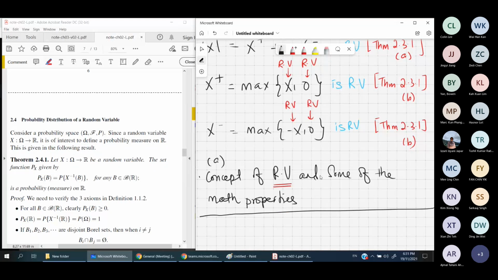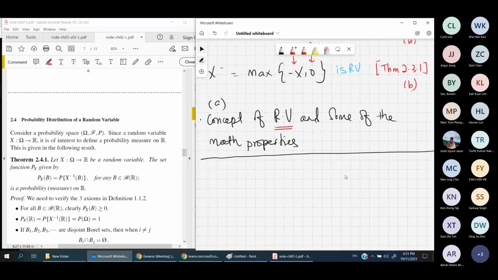Next we come to the probability distributions of a random variable.